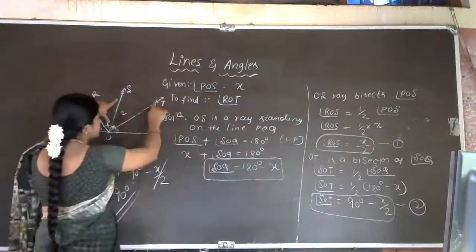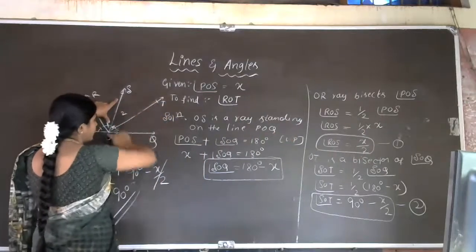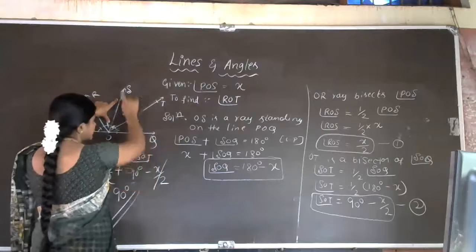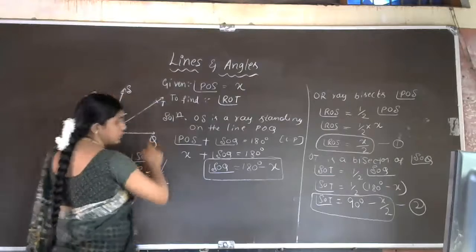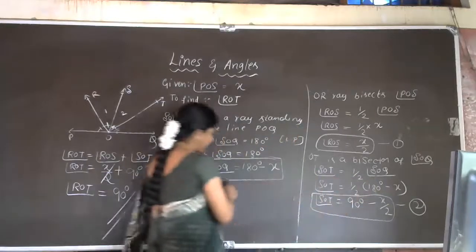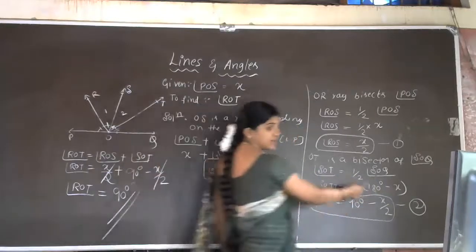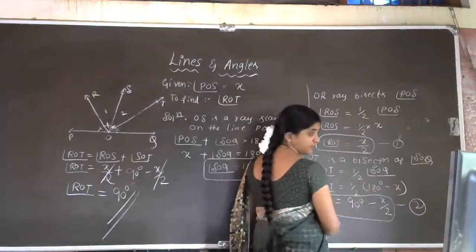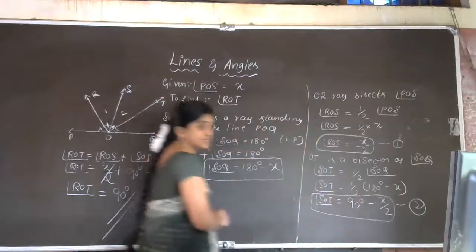Similarly, OT is the angle bisector of SOQ, so SOT is half of SOQ. SOQ we got as 180 minus x. Then after simplification, SOT is 90 minus x by 2.